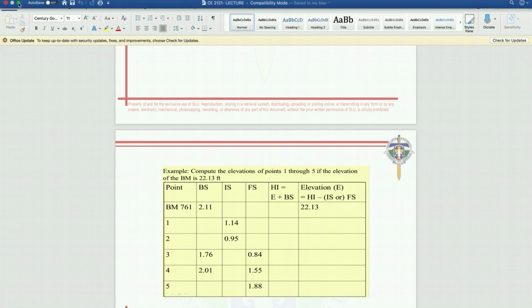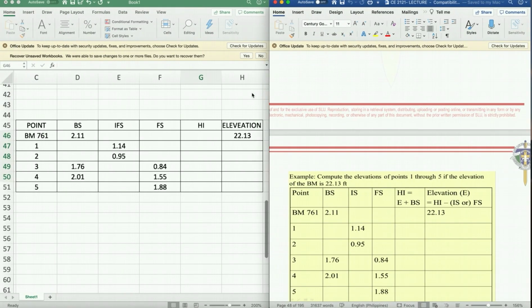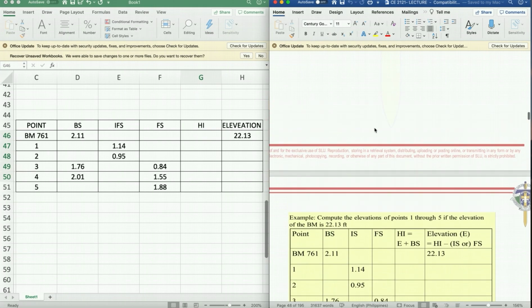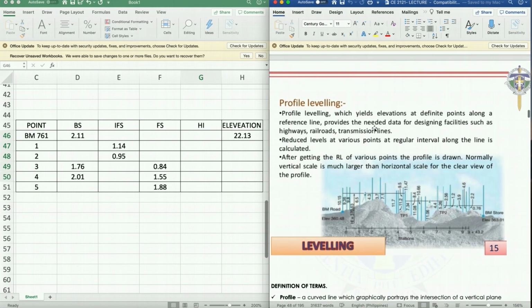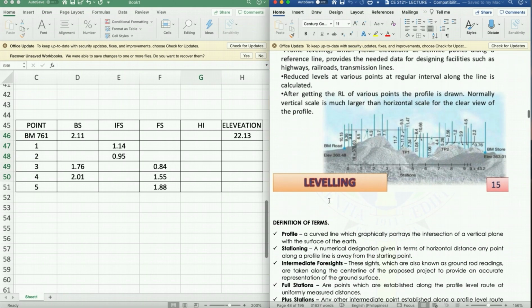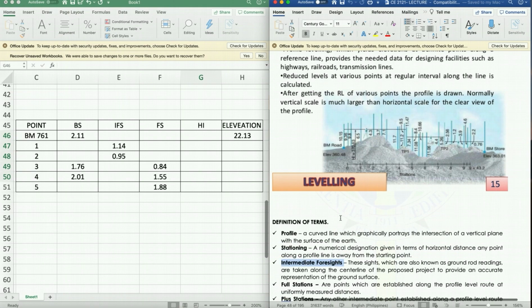Okay, so of course I already prepared here an Excel so we can answer it ng mabilis. Okay? So, ano ba yung IFS dito? IFS stands for Intermediate Foresight. It is still actually a foresight. It's just that kumbaga yan yung isiningit lang siya. Isiningit lang siya in between our foresight.